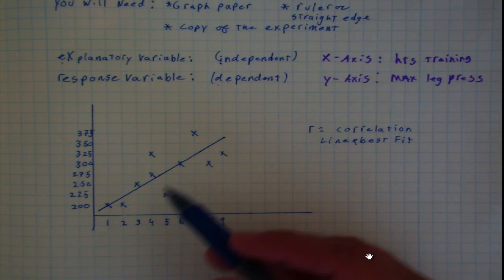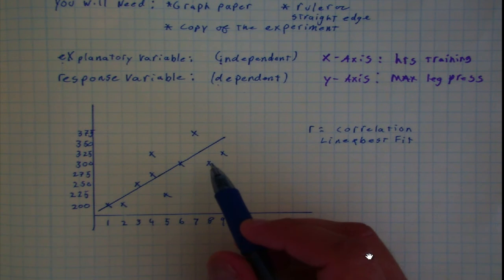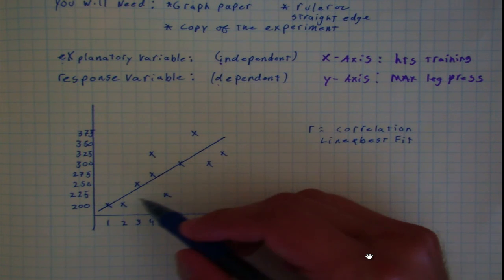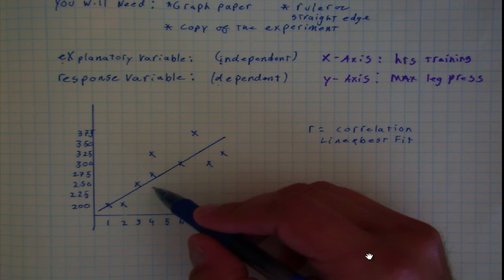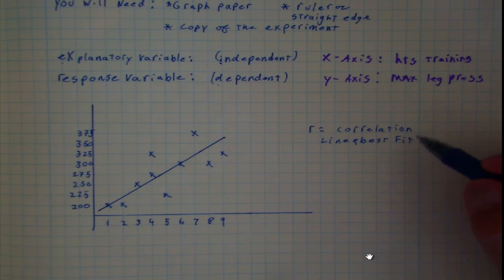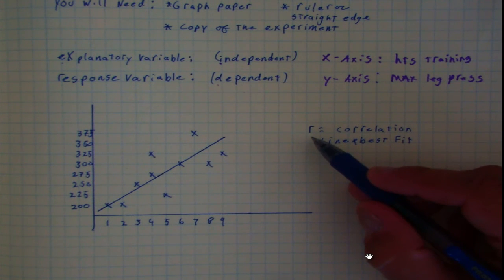These seem to be increasing as you go from left to right. And a lot of these x's don't fall along the line, so you're going to find out later something about the correlation between these two. There's a number that corresponds to the correlation, and the variable that you use or the way that you represent correlation is by r.